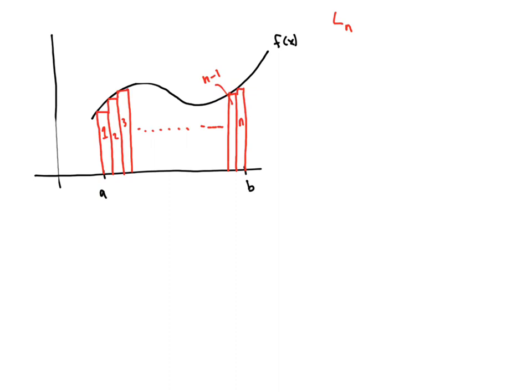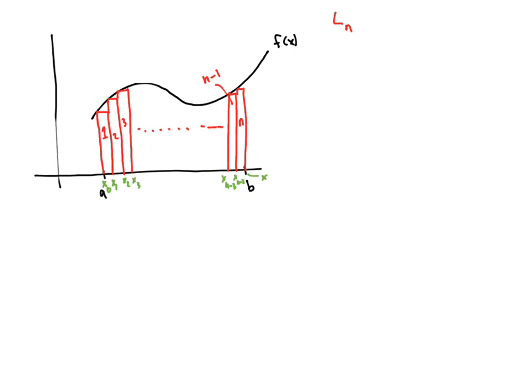Okay, so let's talk about how we can find the area of each of these rectangles. Our first rectangle, this position, let's call it x sub 0. It's just whatever that value is, and it's right on a. The next position is x sub 1, and then x sub 2, x sub 3, and then we're going up all the way to whatever our n value is.